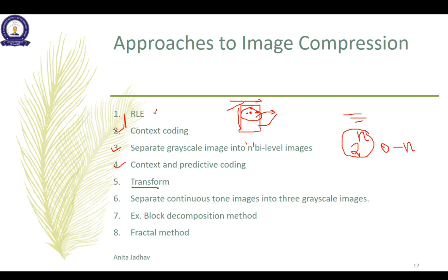Now the important approach, the transform. What is this approach basically? Given an image, you transform the values of the pixels and encode the transformed values. Normally, compression in an image is achieved by removing redundancy.